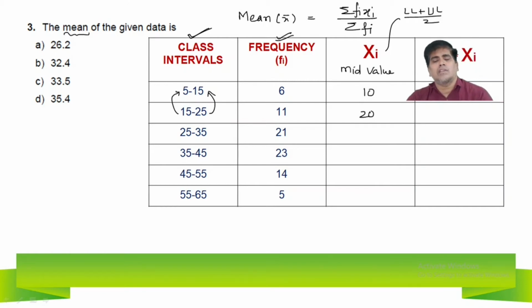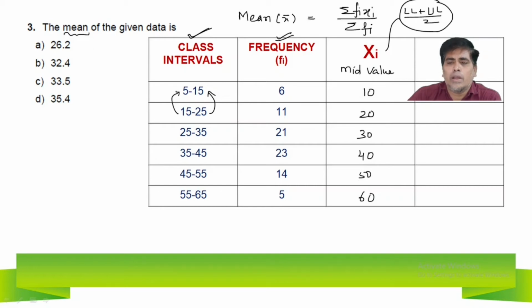So the mid values also differ by 10 only. So 10, 20, 30, 40, 50, 60. For different questions we will have different mid values. For this question definitely we will have 10, 20, 30, 40, 50. Better you calculate the average of lower limit and upper limit by 2.